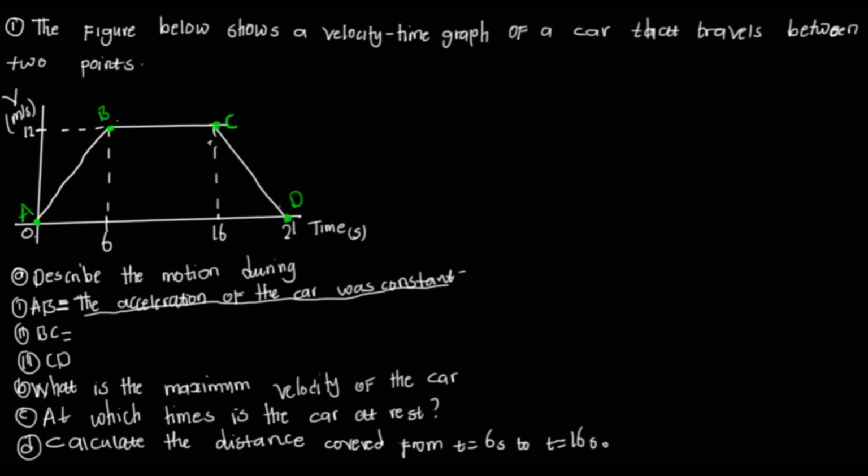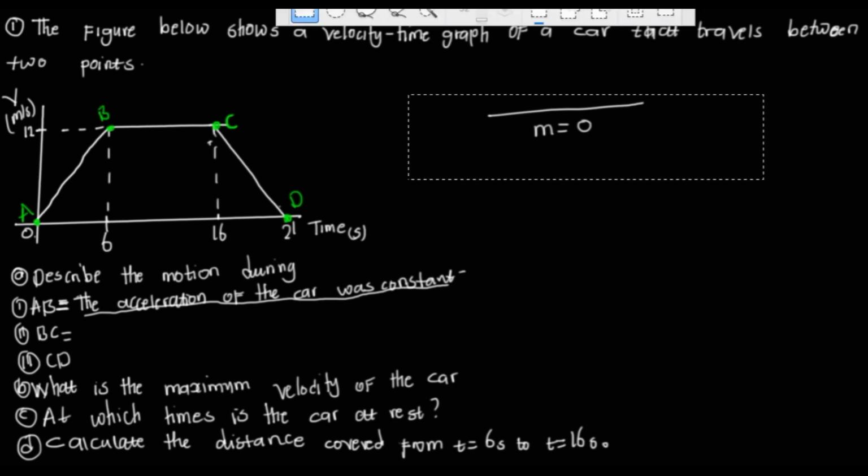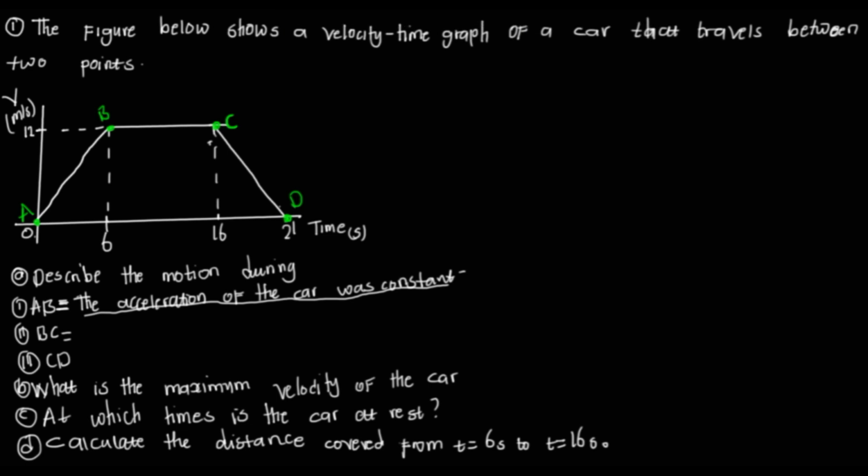Now for BC we have a straight line like this. Whenever we have a straight line parallel to the x-axis, the gradient is always 0. So at BC there is no acceleration, and the reason is that the velocity is constant. Whenever we have a constant velocity, the acceleration is 0. Acceleration can only be there if the velocity is changing. As we said, acceleration is just how fast the velocity is changing.